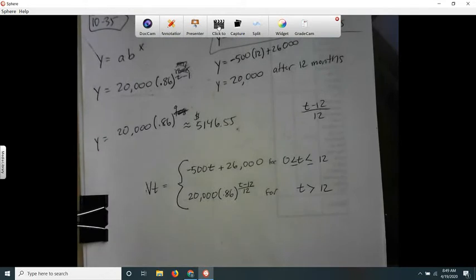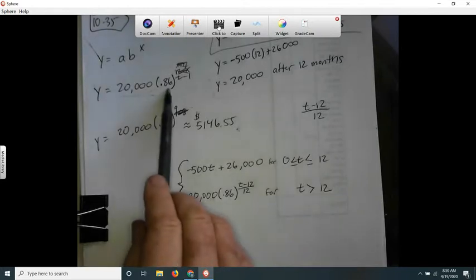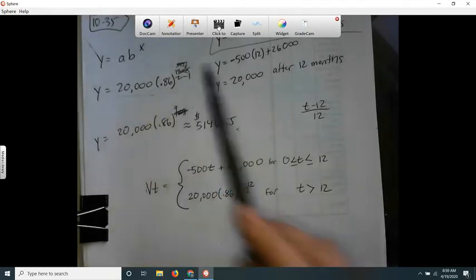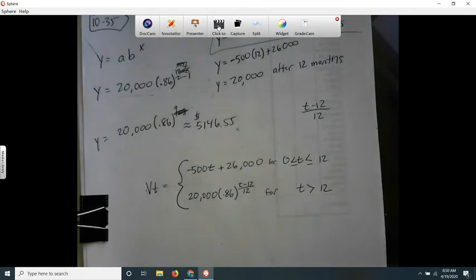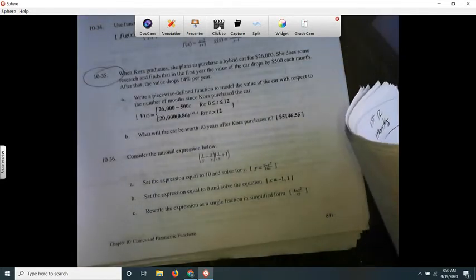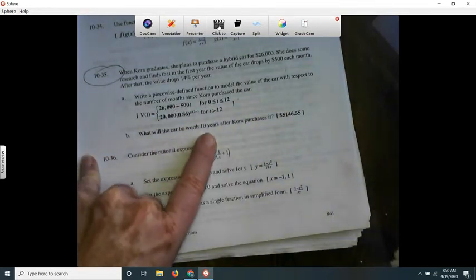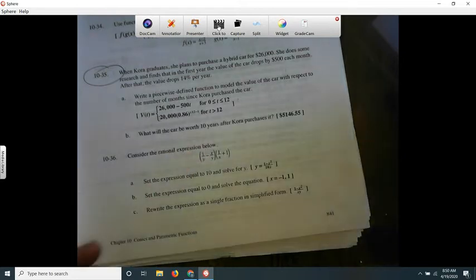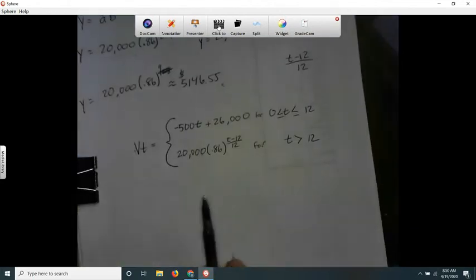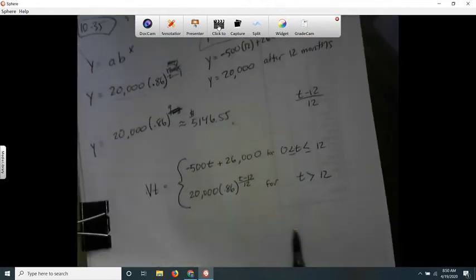I'm not sure what the book was trying to say, but I know that I'm having to switch from T being months to years, because this 86% is per year, not per month. So say I want to find out the 120th month, because they ask what is the value after 10 years. Well, 10 years is 120 months, and I can see that I need to get that 5,000 number. So I had to think that one through.